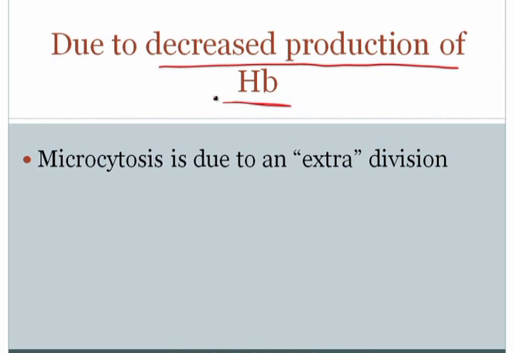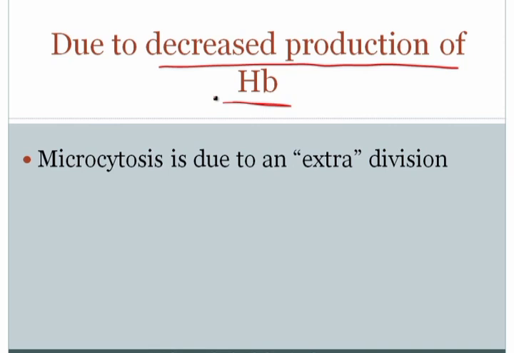Now, as the red blood cells are developing, if there is not enough hemoglobin, one way by which the red blood cells can try to maintain the concentration of hemoglobin within the red blood cell would be to divide one extra time. Another way to think about this is that it is as if the red blood cell is trying to produce a nice, pretty, red-pink cell. And if there is not enough hemoglobin, there will not be enough pink in the cell, and so the red blood cell will divide one extra time in order to try to maintain its color, i.e.